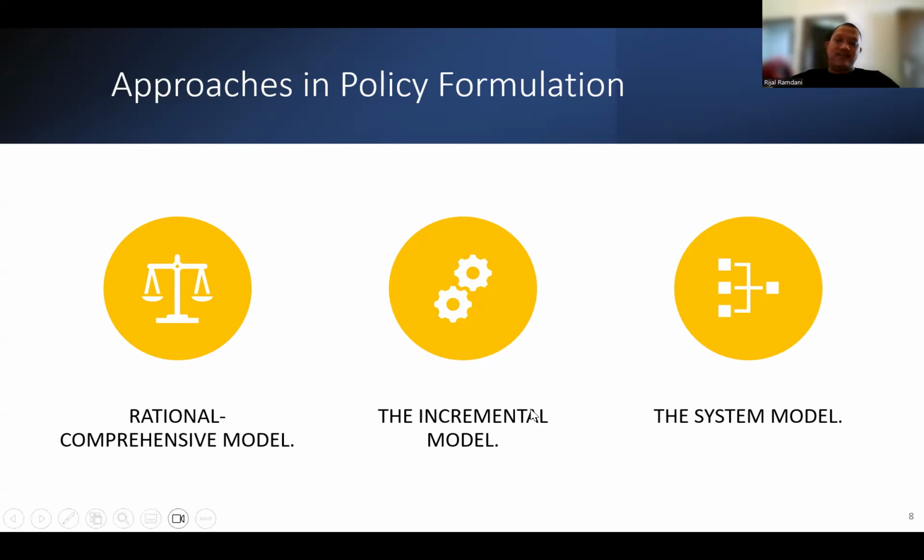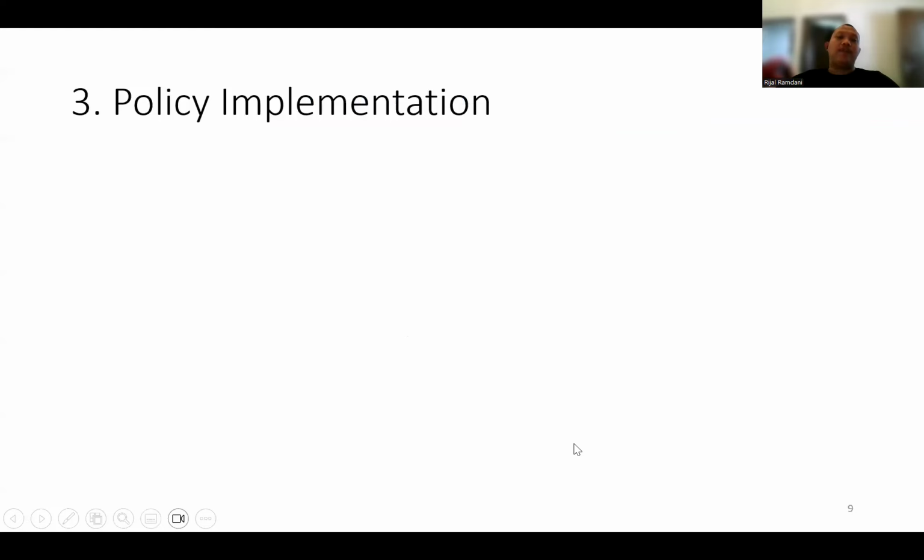And the last is the systems model. The systems model means that policy formulation starts with input from society into the system, into the government, executive and legislative, and then there are the dynamics of political processes, and then it comes out as political output in the form of a decision made by the government.